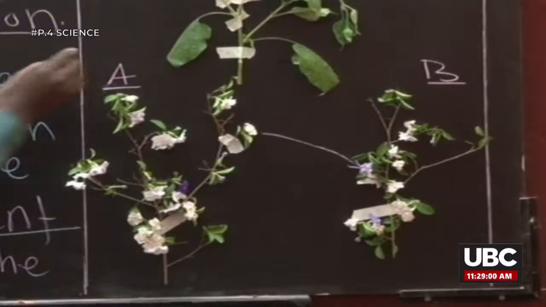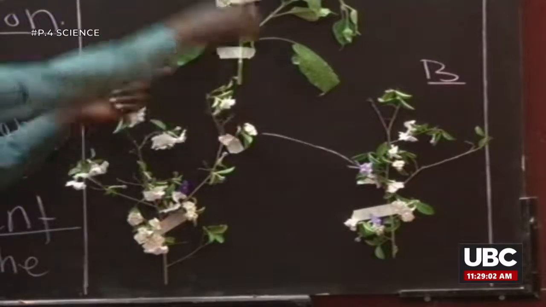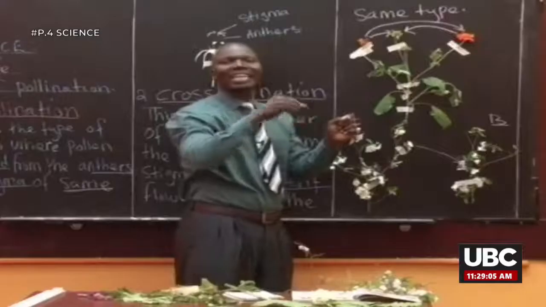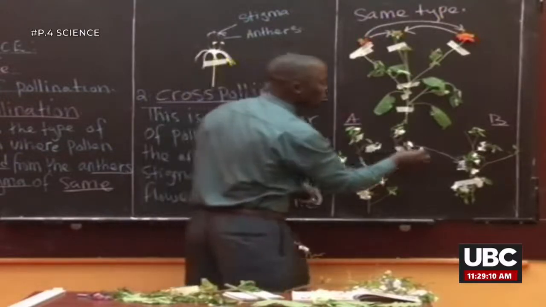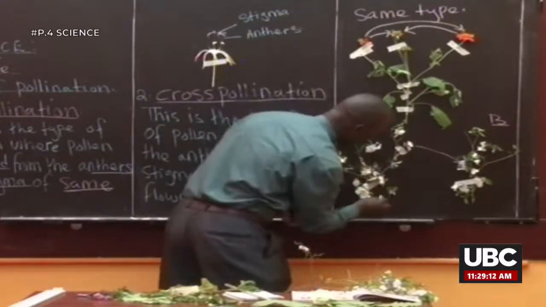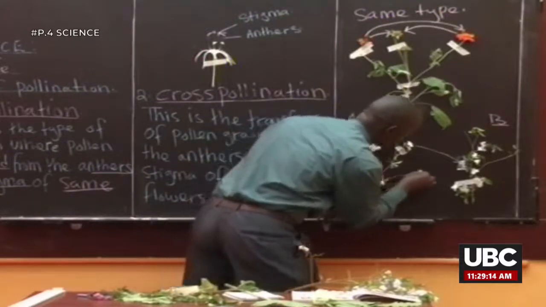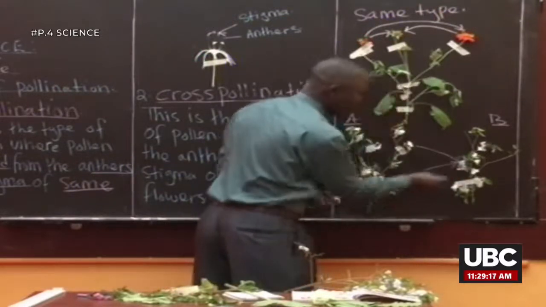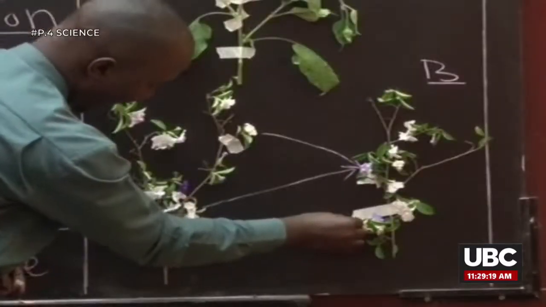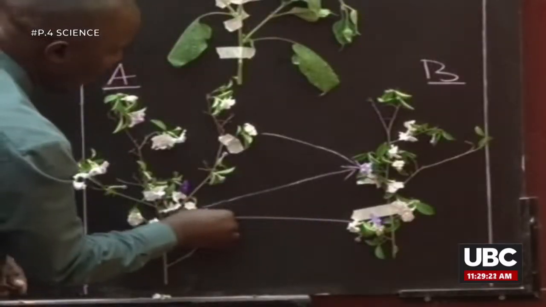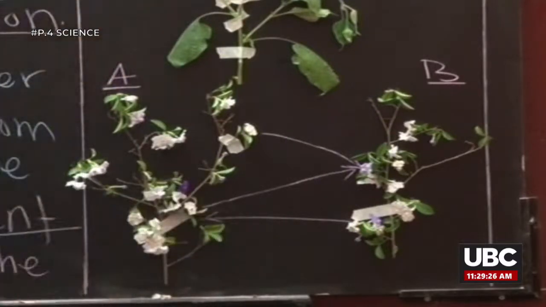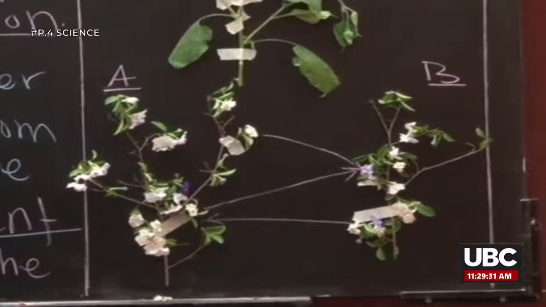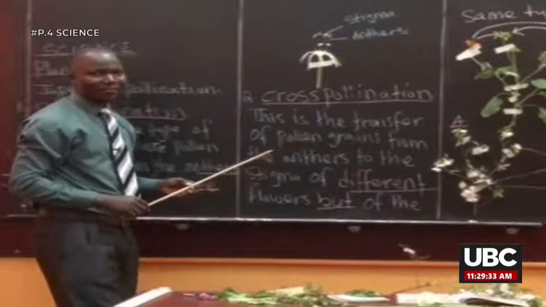The pollen can't move from this flower to this flower. No, they are not of the same type. So once pollen can move from here to that, it can be from this flower to that flower. It can be from that flower to this flower. Once that happens, then we are doing what we call cross-pollination.